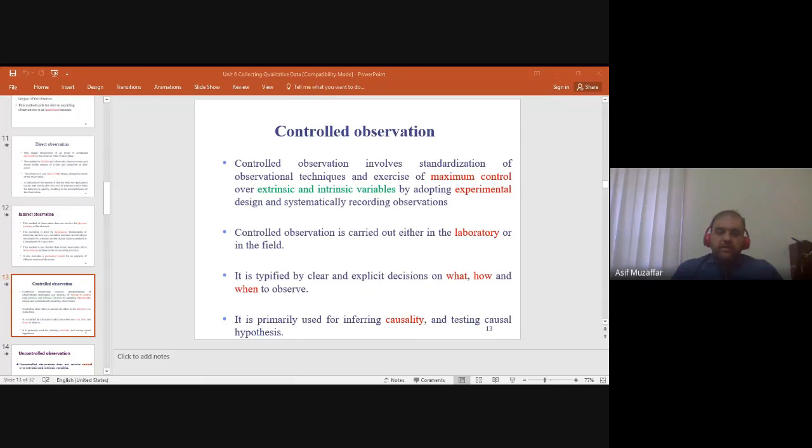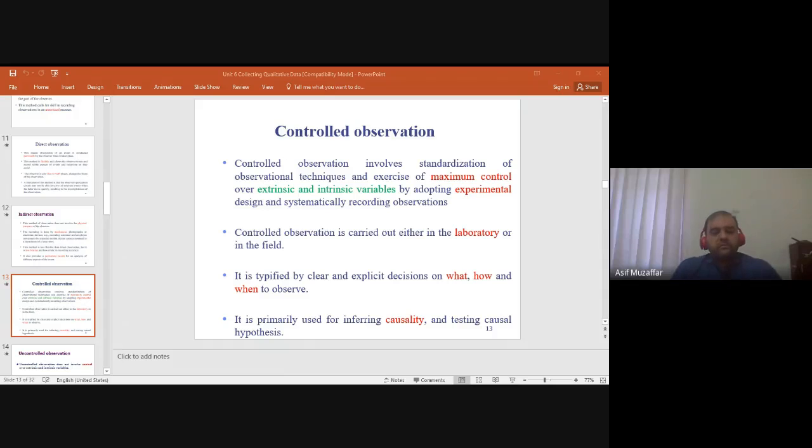Why do you think it is a controlled observation? Can I control, or do you think if I offer a soft drink to everyone, everyone will accept it? Maybe there are people who will say, we don't want to taste it. Or can you control the number of people who are coming to that market? Or can you control whether everyone will give the right type of feedback? Maybe someone will taste it and say, I don't want to give feedback.